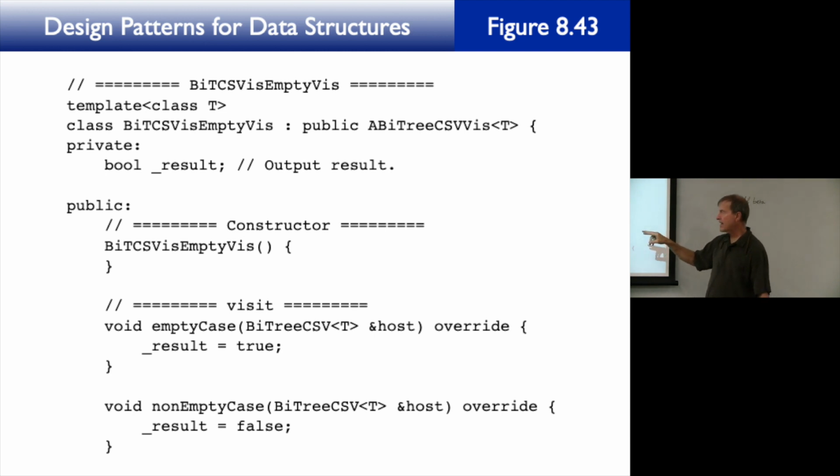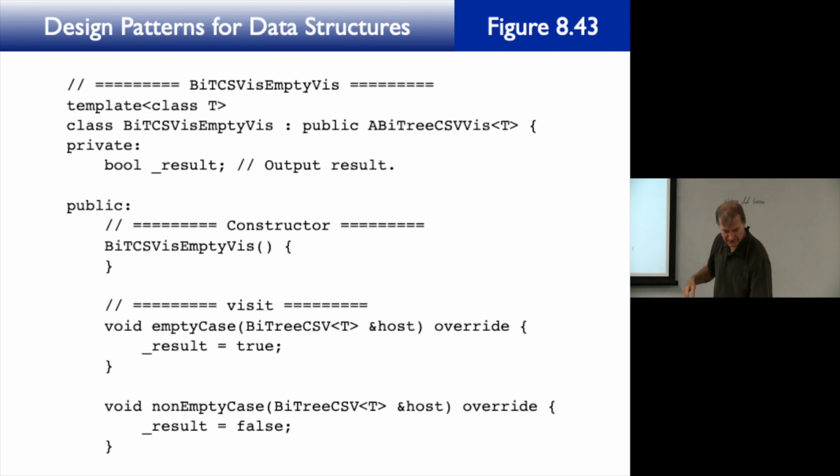Now, what is the name of our parameter here? It's host. That's a common name in this visitor pattern thing. It corresponds to owner, right? So it's host. And basically, in the empty case, all we do is set underscore result to true. And in the non-empty case, we set underscore result to false.